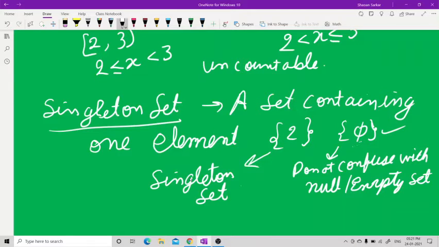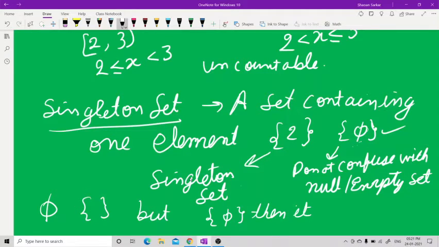But do not think that this is a null set, because if you write phi, it is a null set. If you write like this, it is a null set. But if you write like this, then it is not null. Let me rewrite the whole thing.